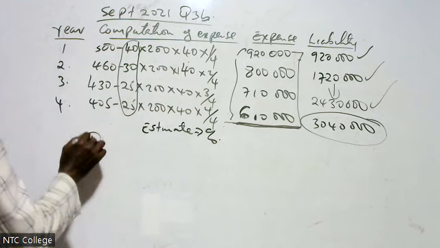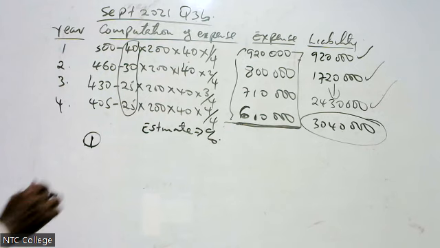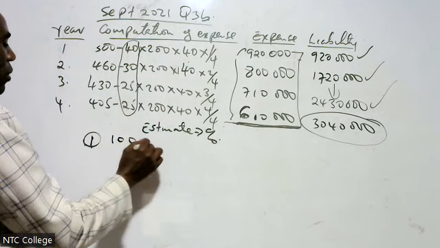Therefore, this is what we will do. For example, in scenario number 1, the examiner will tell you that the company had 1,000 employees.